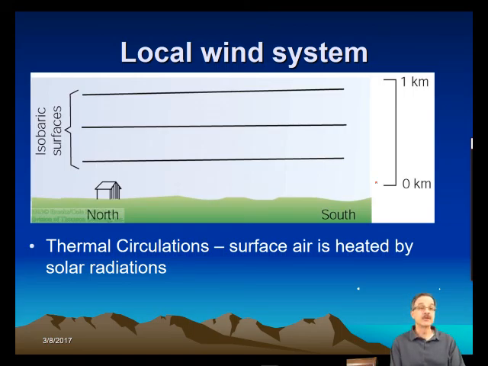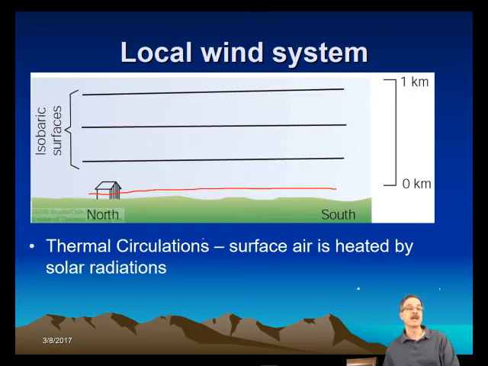This is usually referred to as thermal circulation. The sun is going to come out and warm the surface. As the surfaces heat, each surface area might have a different albedo, so each location might absorb different amounts of solar radiation.